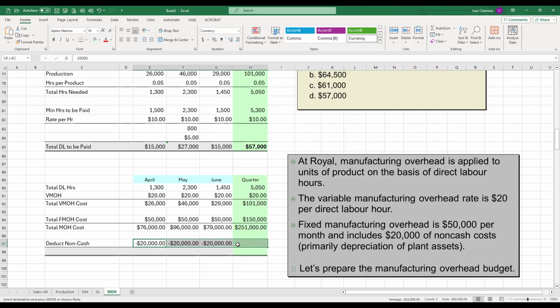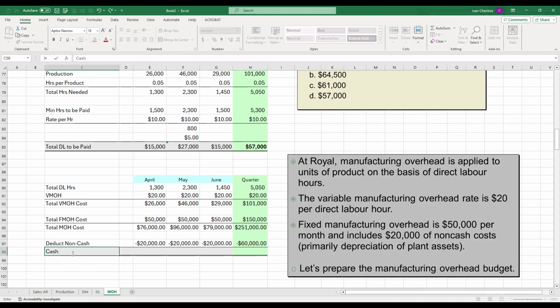In total, that will be 60,000. So the cash to be paid for manufacturing overhead is going to be equal to this one.